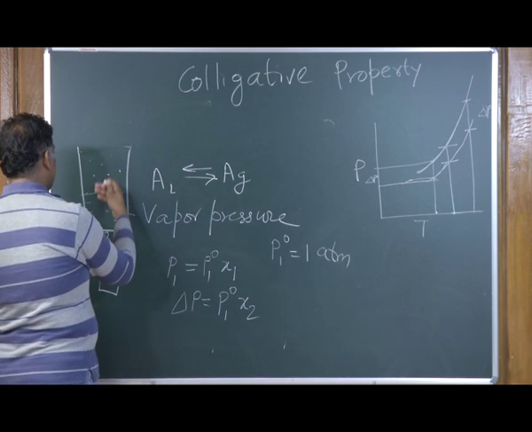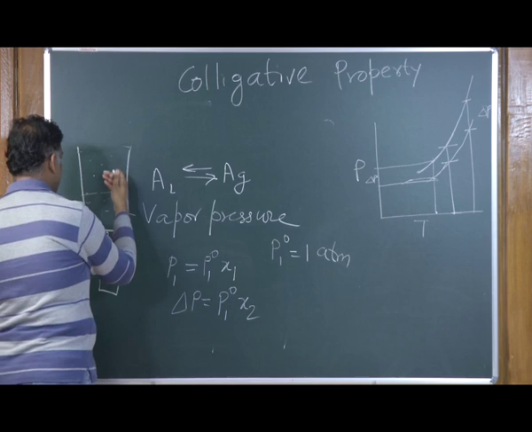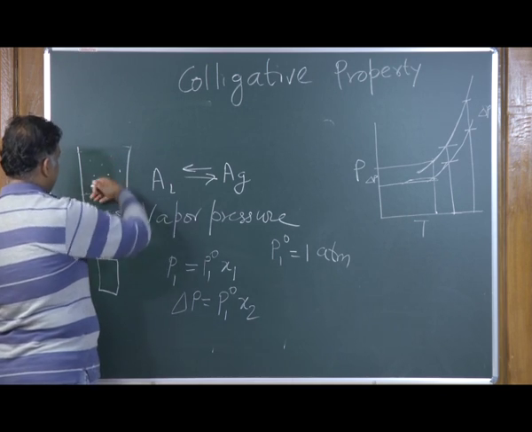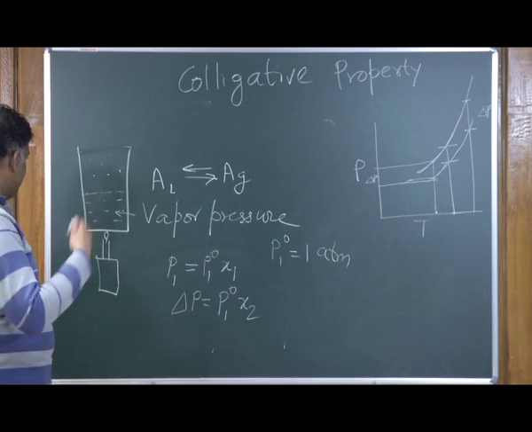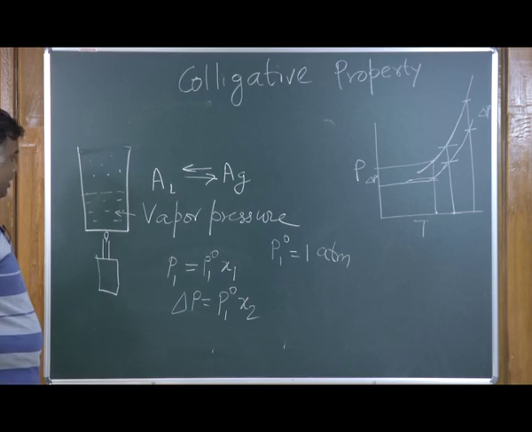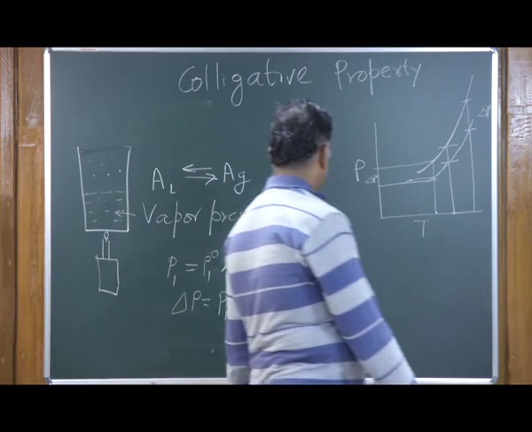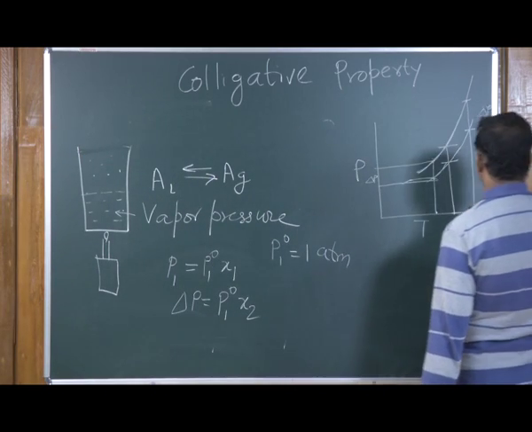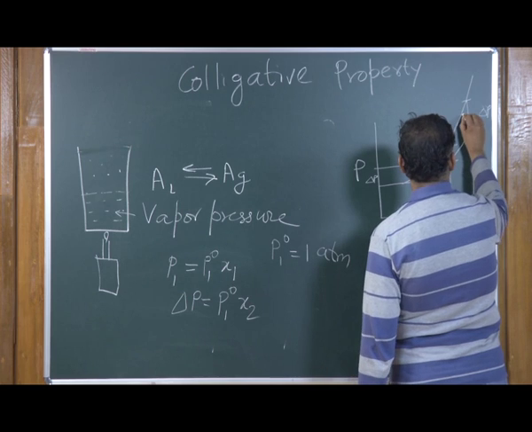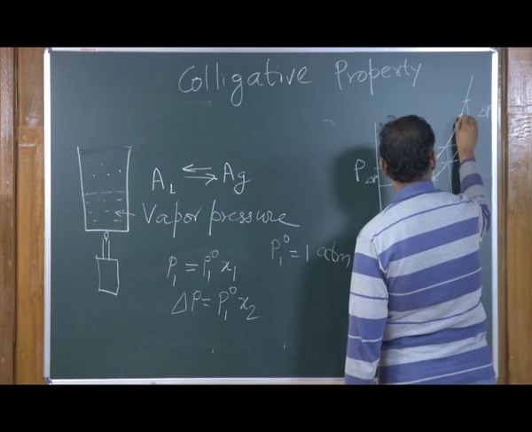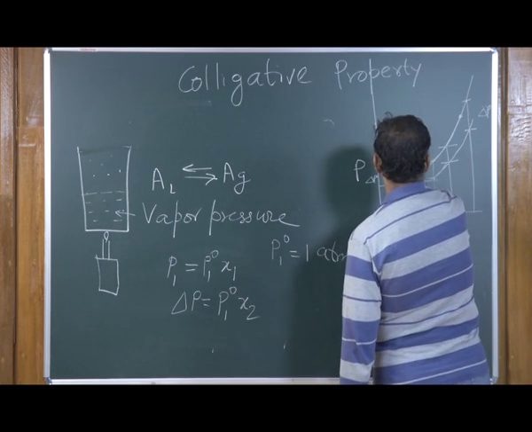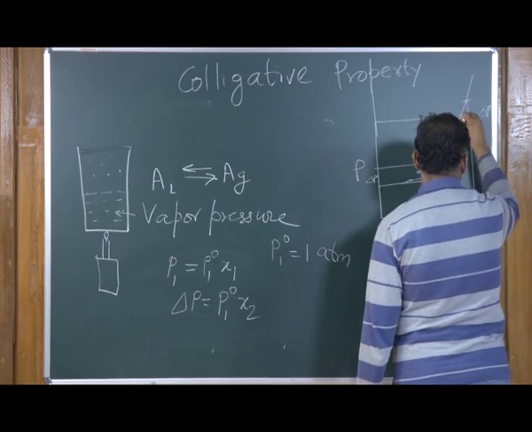It will keep on continuously boiling, and the gaseous molecules will simply keep on escaping. So, there would be complete boiling, and everything will escape. Okay. So, let us assume that this is 1 atm. So, this is the normal boiling point.